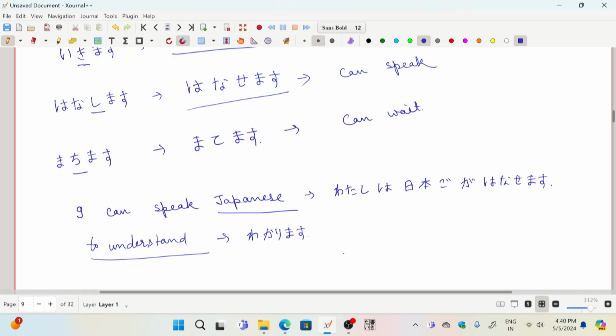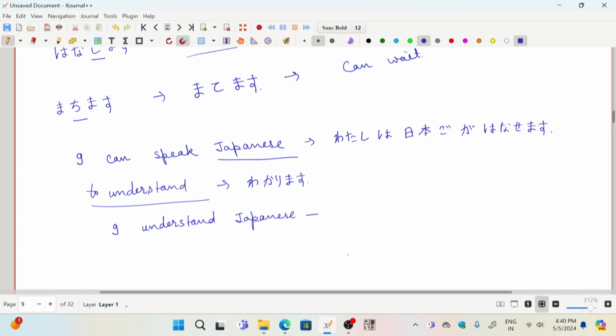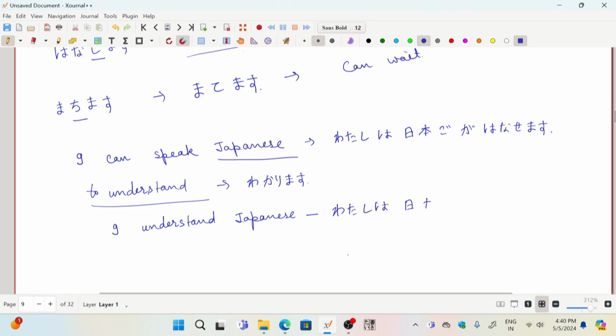So if I say I understand Japanese, it will be watashi wa nihongo ga wakarimasu.